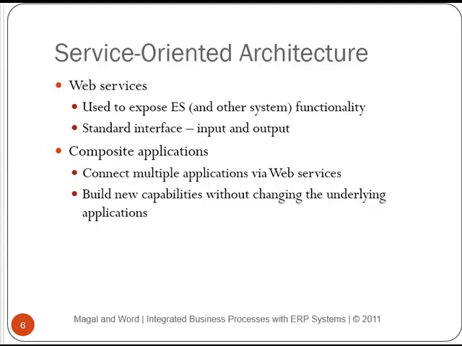Now, companies start thinking, okay, I'm going to integrate my supply chain management with my enterprise system. And I'm also going to integrate my customer relationship management, the CRM, with the enterprise system. So I'm going to treat them as services, or what we call web services. Services that are available over the internet.